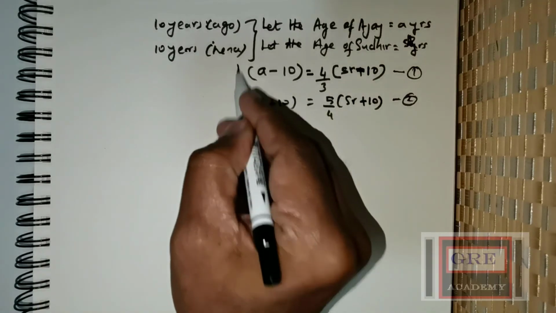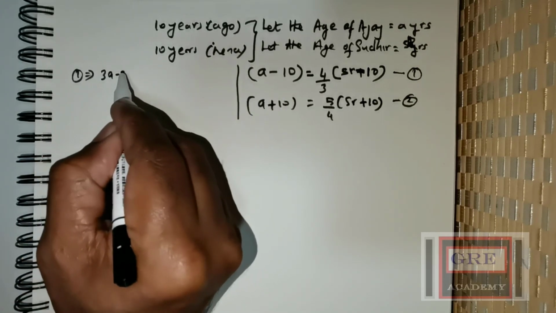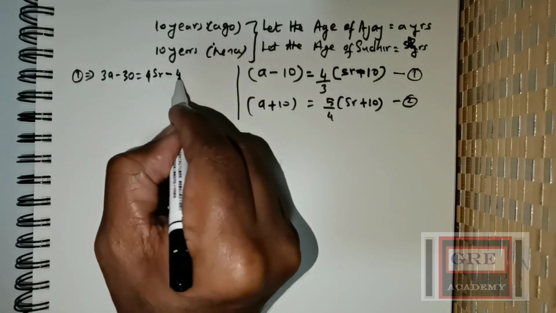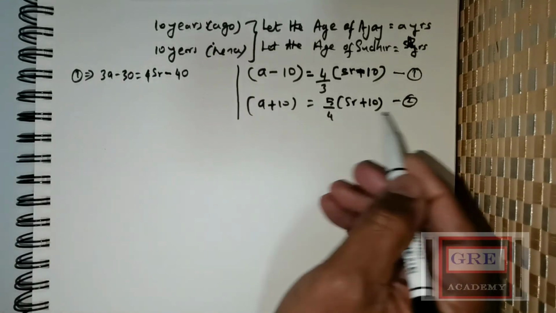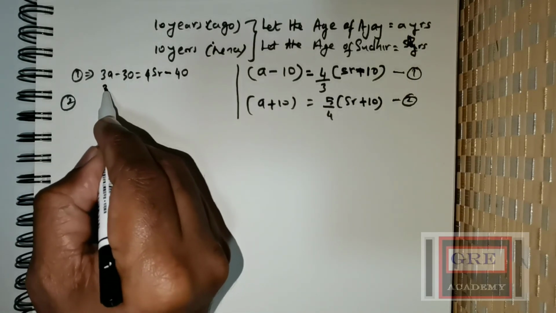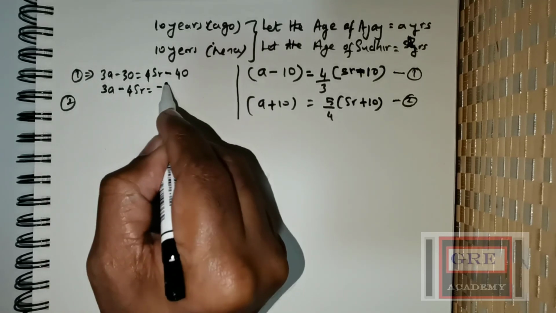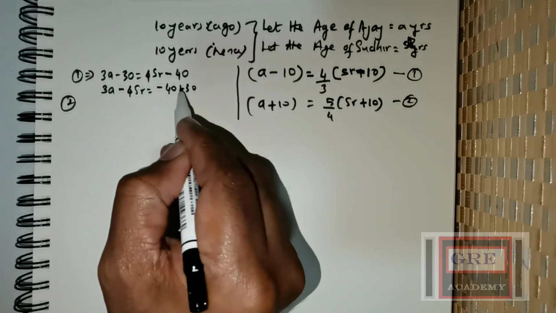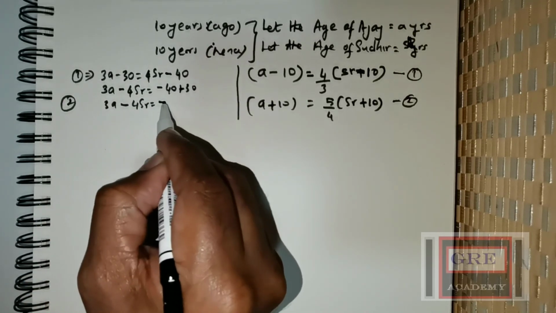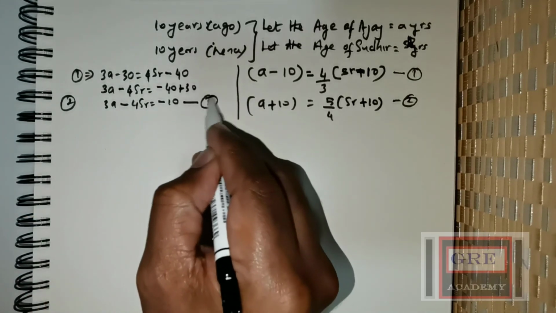So from 1, I can rewrite this as 3a - 30 is equal to 4 times SR - 40. Further rewriting, 3a - 4 times SR is equal to -40 + 30, which is 3a - 4 SR = -10. So I have got this as one system.